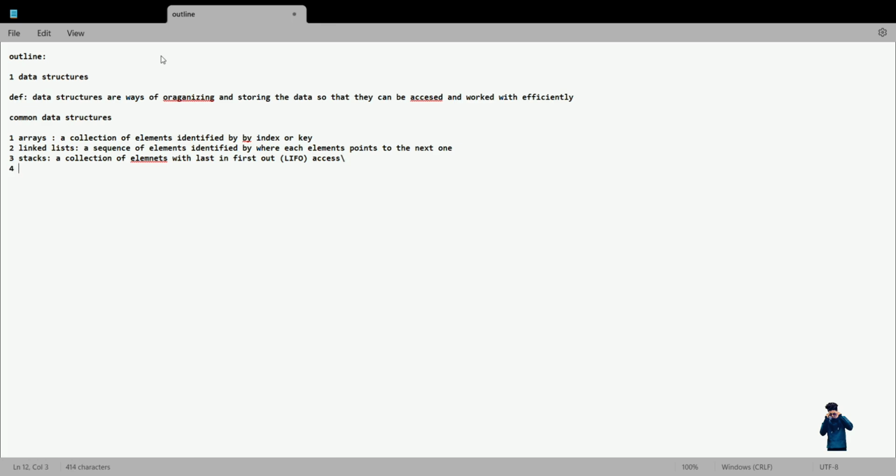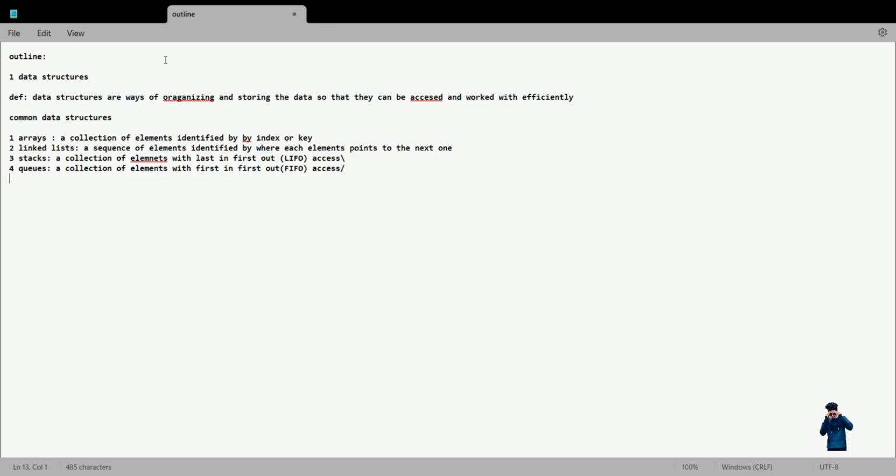Next, here we go to see queues. Queues are a collection of elements with first in first out access. The difference between stacks and queues is that stacks are last in first out, while queues are first in first out, also called FIFO.